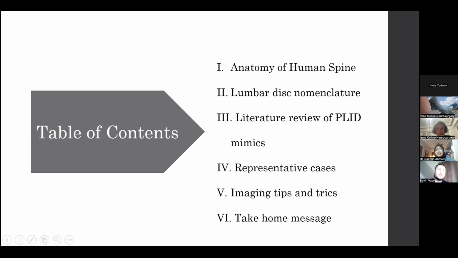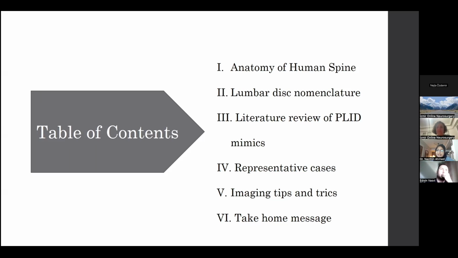So this is the brief overview of my presentation. At first, I will give a brief overview of the anatomy of the human spine, and later on, what is prolapsed lumbar intervertebral disc. After that, there will be a short literature review of the prolapsed lumbar intervertebral disc mimics. And after that, I will share my own experience by giving some representative cases.